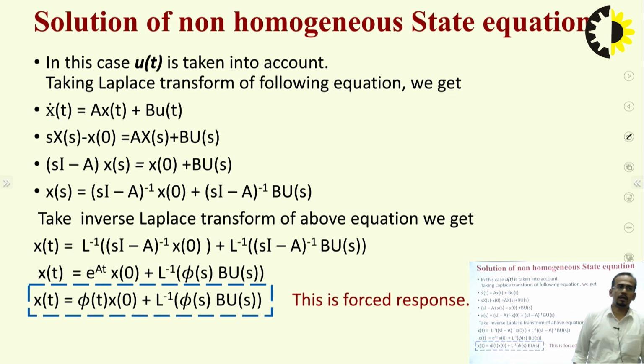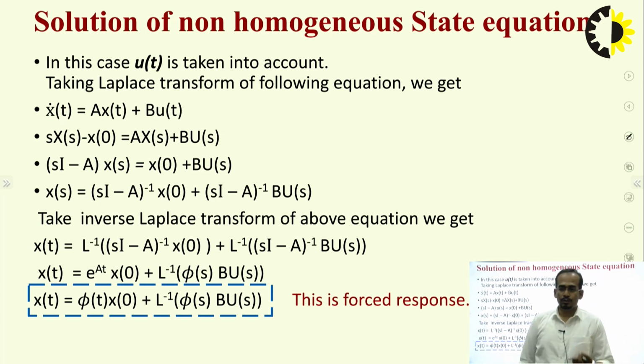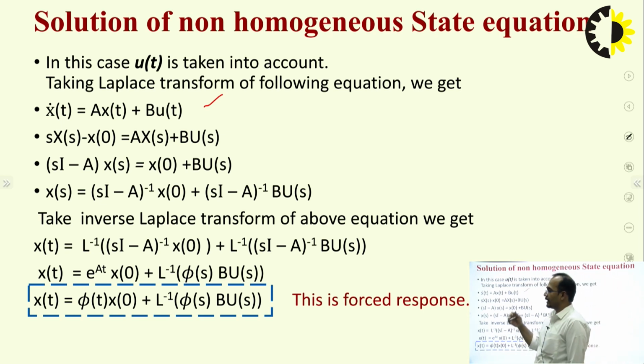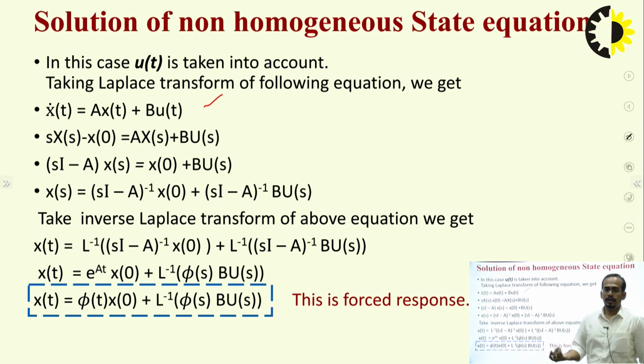Now coming to the solution of the non-homogeneous state equation. In the homogeneous state equation we have considered u(t) is equal to 0, but in the case of non-homogeneous state equations we will consider u(t) and it will be counted in the state equation. So x dot t is equal to Ax(t) plus Bu(t). Again we will take the Laplace transform of this equation, and we are also considering the initial conditions.